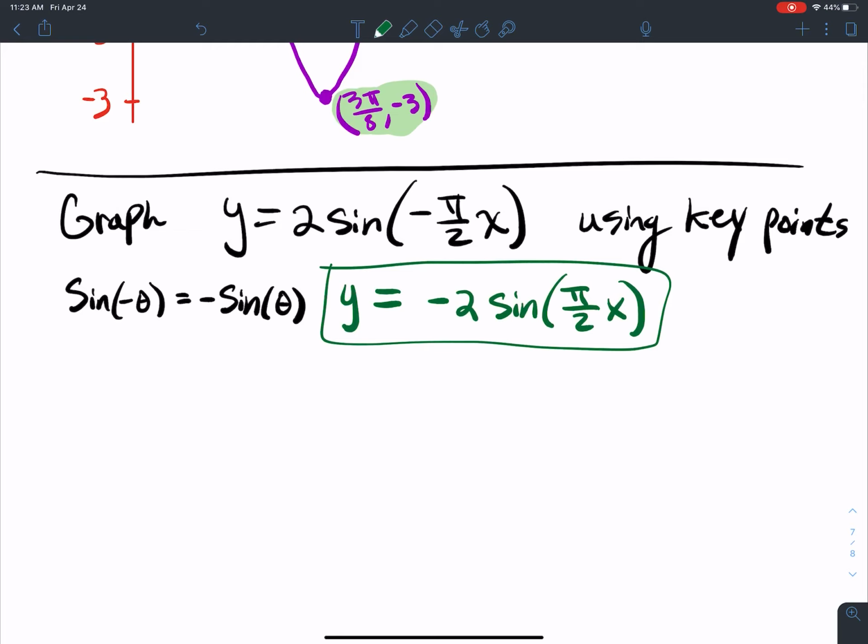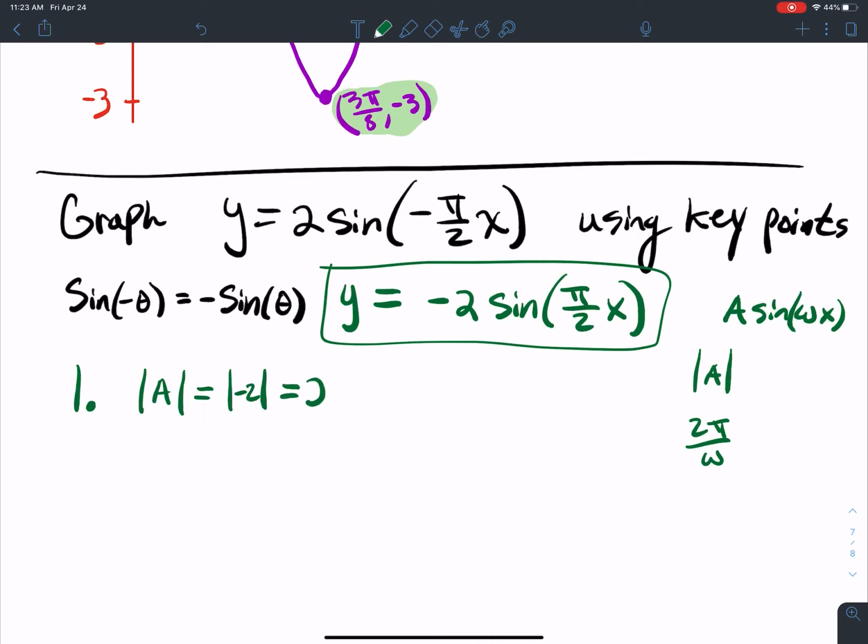I'm in the form a sine omega x, where the absolute value of a is the amplitude, and 2 pi over omega is the period. So first step is to find the amplitude. The amplitude is the absolute value of negative 2, which is 2.